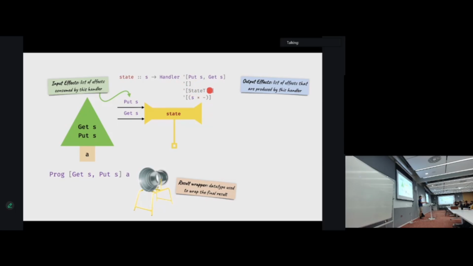And then these two parameters are there to scale. The third parameter tells you that the domain of effects is augmented with state T things. In other words, we're going to add some kind of state to this program. And then the final argument here tells you how the pure result is modified.